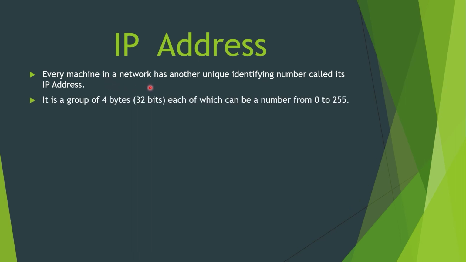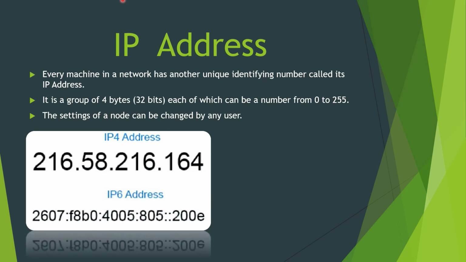An IP address is a group of 4 bytes, each of which can be a number from 0 to 255. The settings of a node can be changed by any user. That means the IP address settings of a node can be changed by the user.